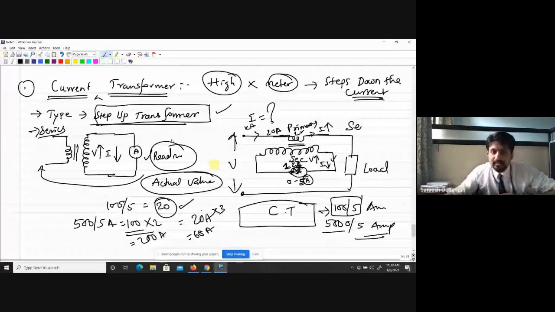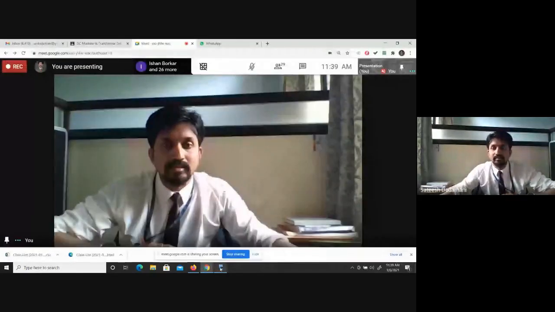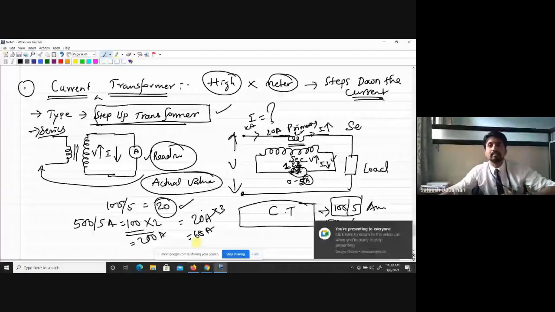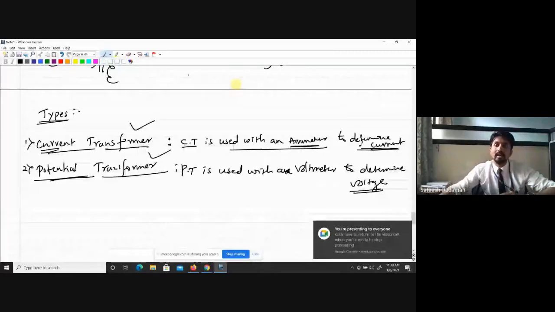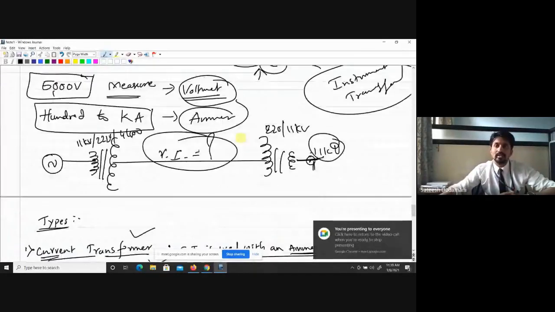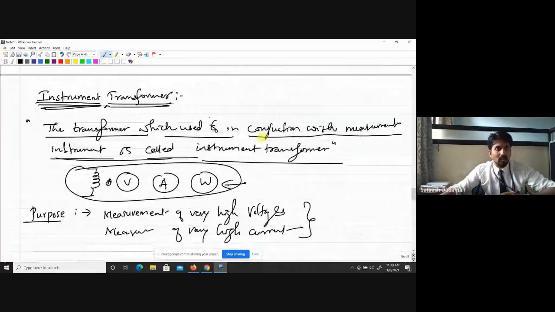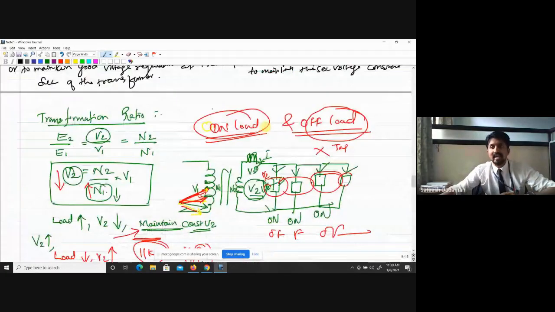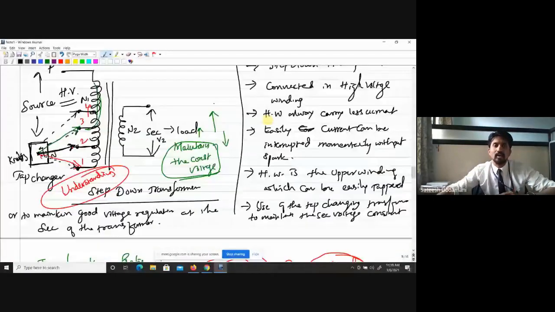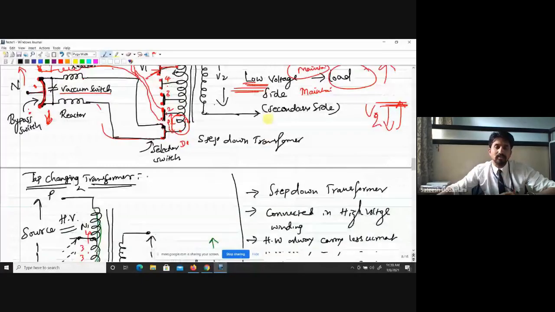With this, I am going to conclude the chapter which I started in the morning, electrical machine 2. So it covers almost all the points. Only the precise tap changing transformer I have not taken, because it works almost similar to this.